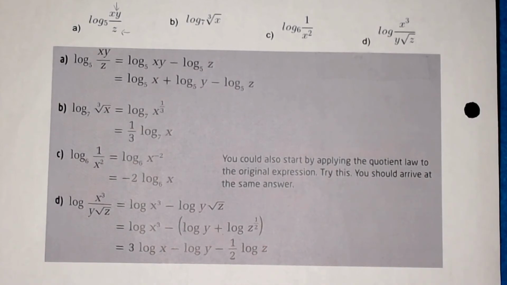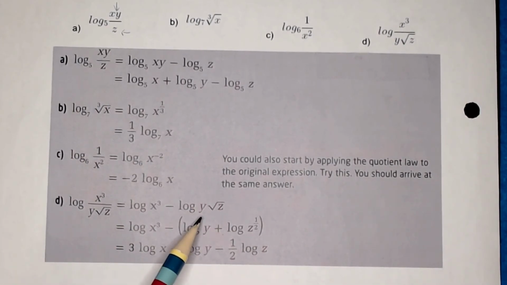I'm going to quickly go over d so that you can see how the numbers are moving around. So we have log of x to the power of 3 divided by y root z. Now I just wanted to remind you that a square root symbol is an exponent of 1/2. So as we break this apart, we'll have the log of x cubed minus the log of y times root z.